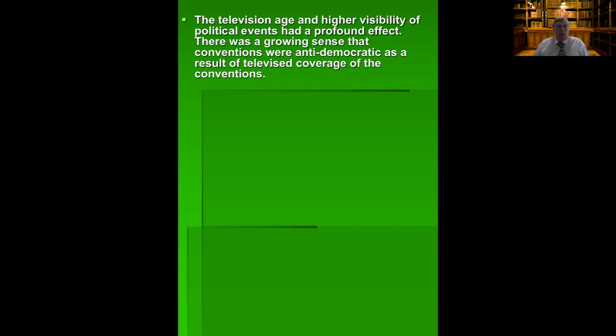There was a growing sense that conventions were anti-democratic as a result of televised coverage of the conventions. New interest groups had arisen, pushing for attention and representation. For example, the Civil Rights Movement was occurring during this period. The anti-Vietnam War movement was occurring during this period, and gay rights were coming to prominence as well.